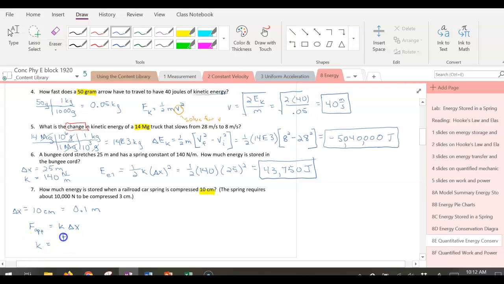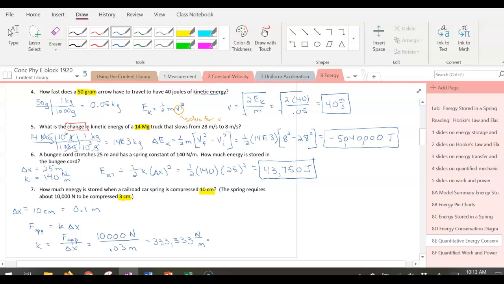So that would be the applied force divided by the displacement, which would be 10,000 newtons. And I need to make that 3 centimeters into a standard unit, which would be 0.03 meters. And so this is 333,333 newtons per meter. Okay.